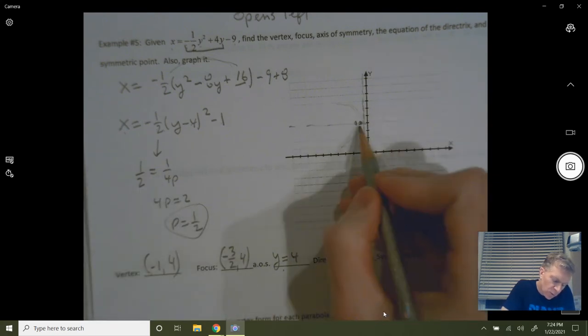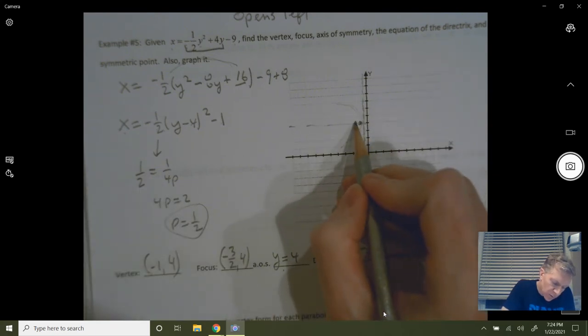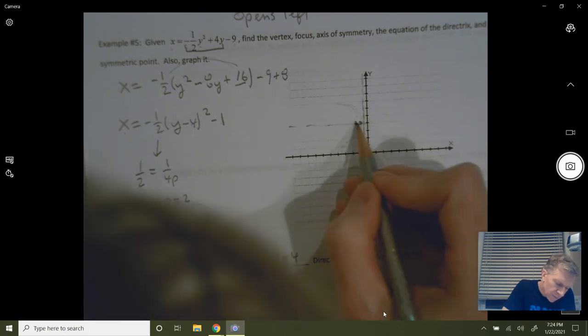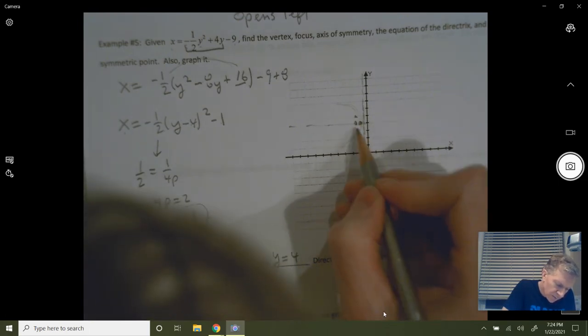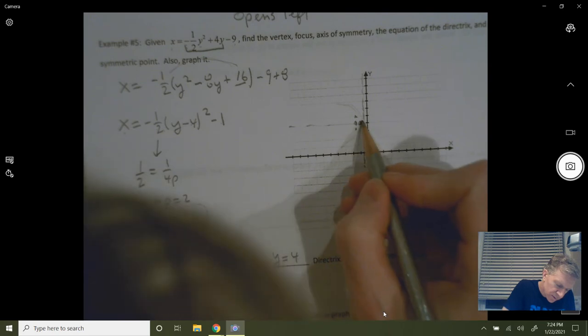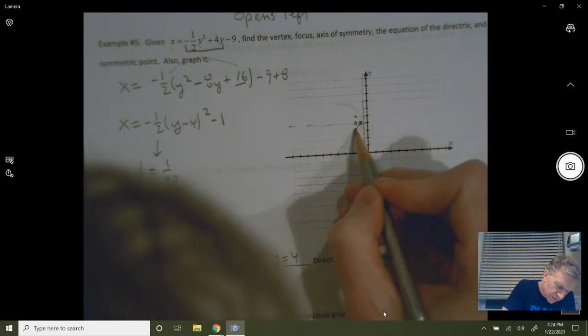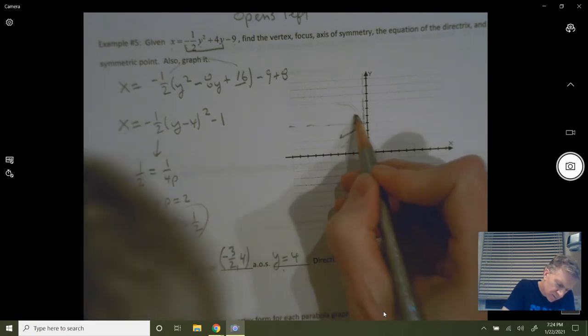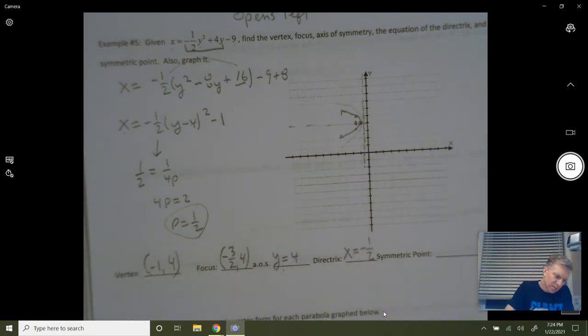I'm going to find my focal radius. The distance from the focus to the directrix is a total of 1. I want 1/2 left, 1/2 right, which means I'm going to go 1 up from the focus and 1 down from the focus. The focus is there, negative 3/2.